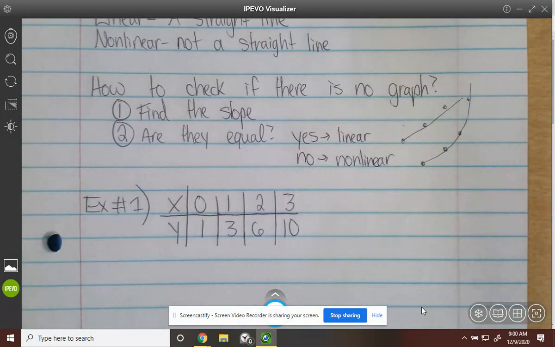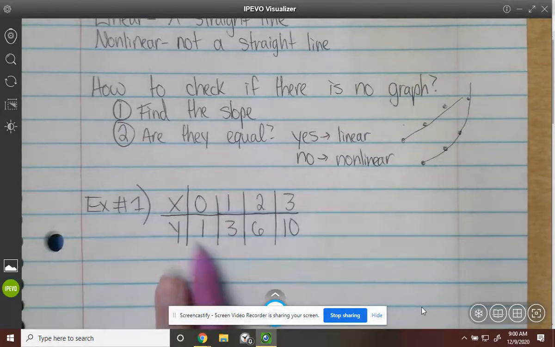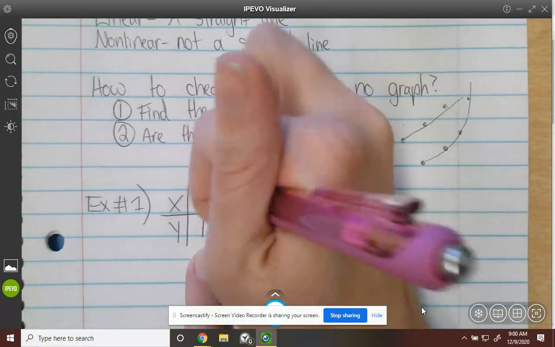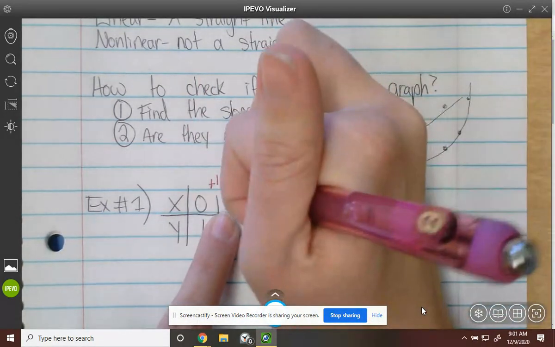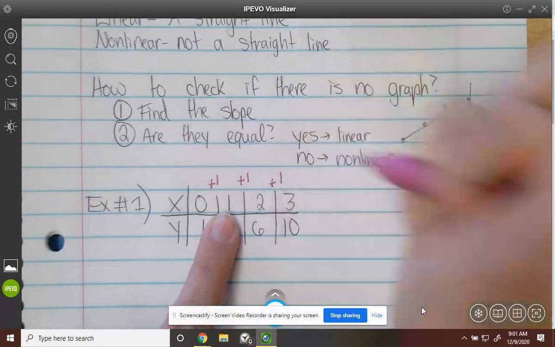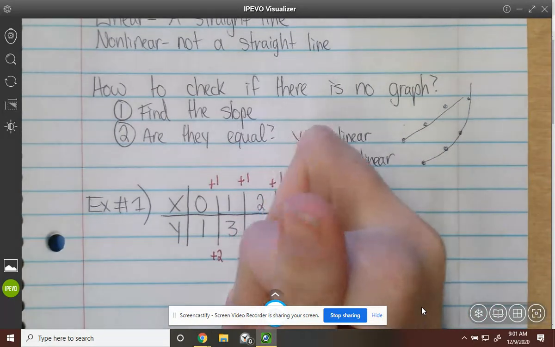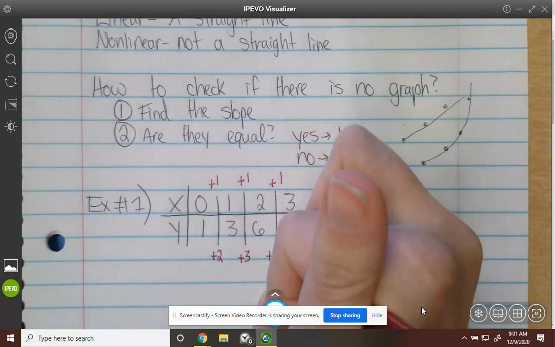Okay, so we've found slope so many different ways. The easiest way, I think, to find slope on a table like this is to find your patterns. So across the top, I'm adding 1 between these 2 points, 1 and 1. Across the bottom, I'm adding 2, adding 3, and I'm adding 4.